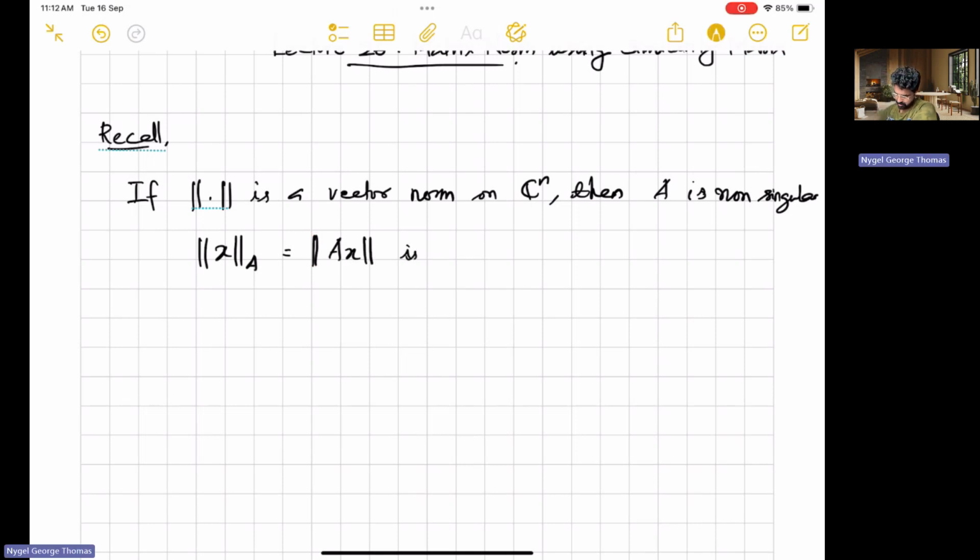We can prove that this is also a vector norm, that it satisfies all the properties of a vector norm.